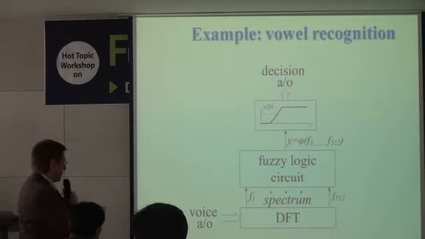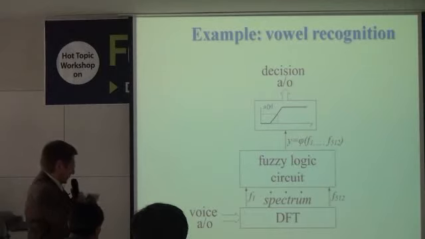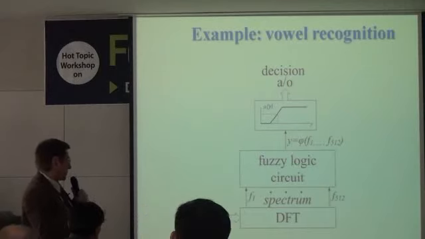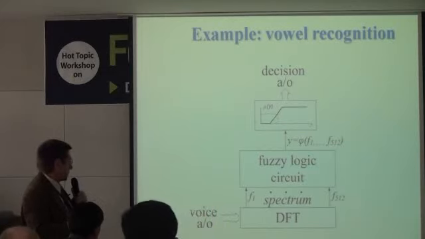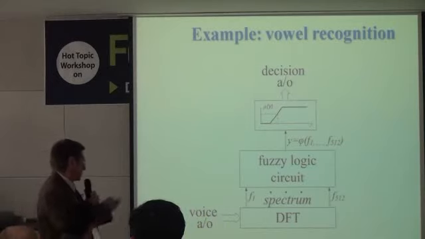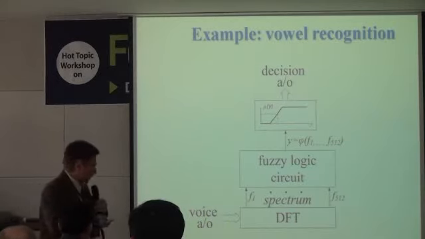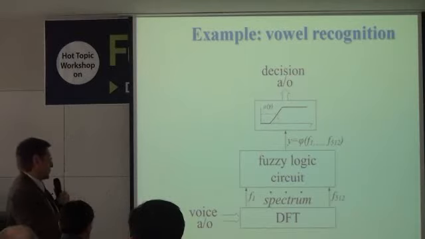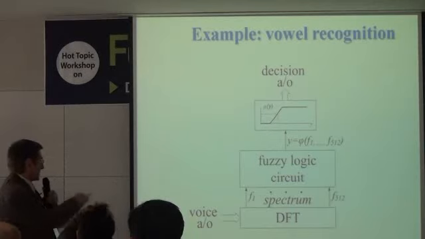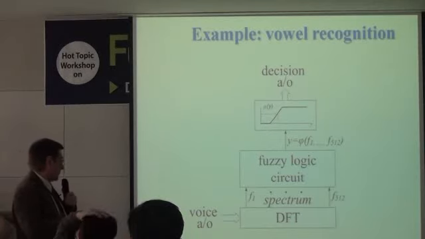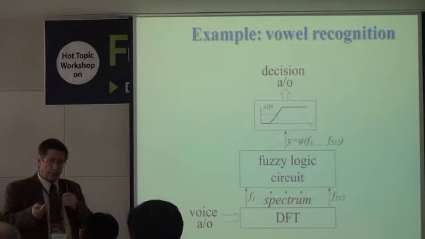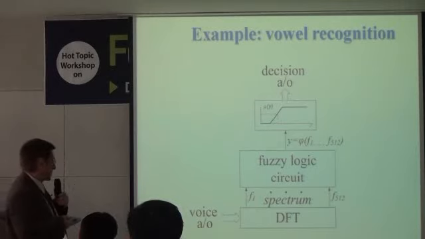When we send some data from voice spectra to the fuzzy logic circuit, we can recognize some vowels. We made some simulation experiments with building fuzzy logic systems with different kinds of logics.